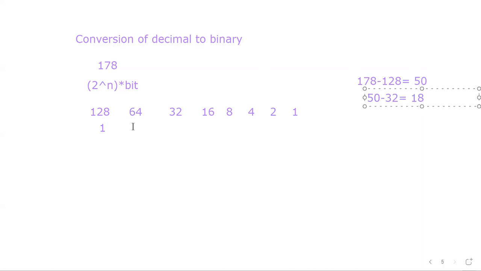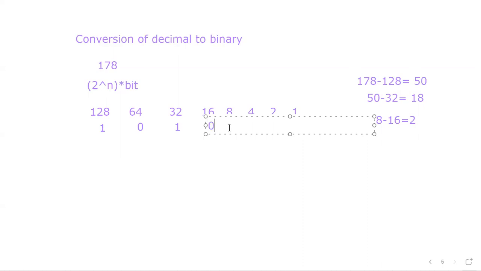So now I put 0 on 64 and 1 on 32. Okay. Then where 18 lies, between 32 and 16, and which is smaller than 18? 16. So I subtract 16 from 18. What comes? 2.